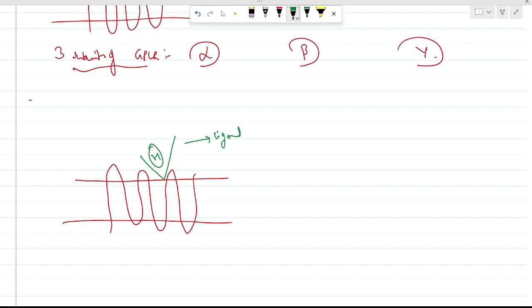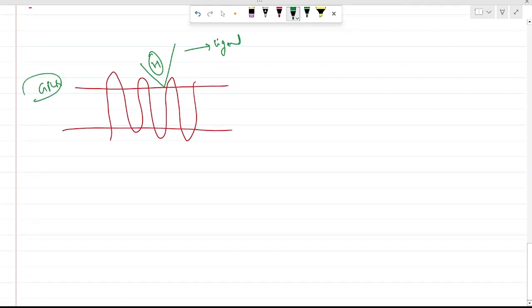This hormone is a ligand for this GPCR that spans across the membrane. We have seen that it contains 3 subunits. This is the alpha subunit, this is the beta subunit, and there is the gamma subunit attached to the GPCR.